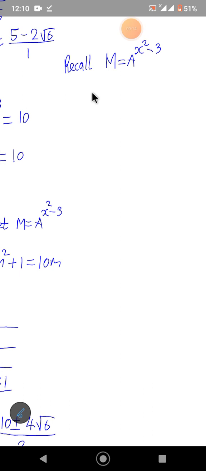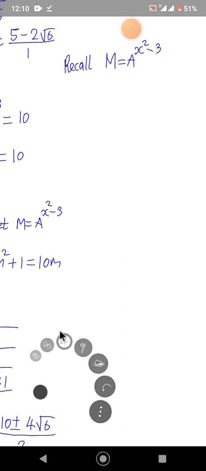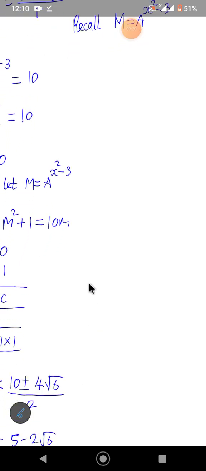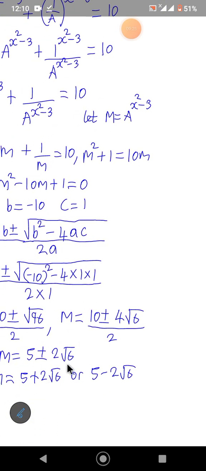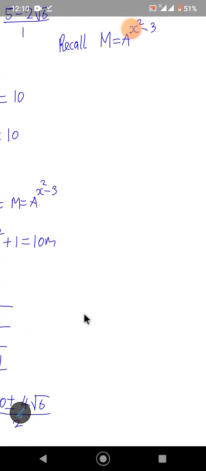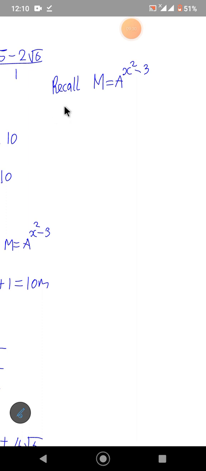So now anywhere I see m, I'm going to put the values. We have two values for m, 5 plus 2 root 6 or 5 minus 2 root 6. So I'm going to use both of them. The first value for m is 5 plus 2 root 6. So we use 5 plus 2 root 6 here, equal to a.